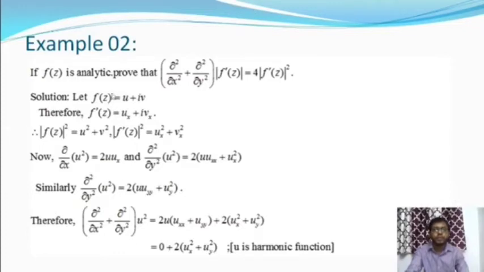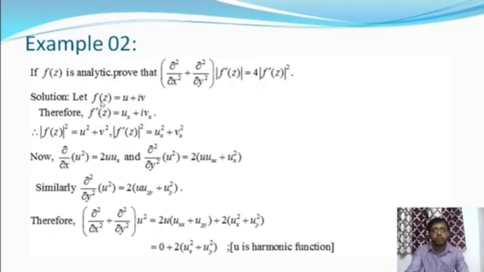So the first derivative of this function is f dash z. So f dash z is equal to, with respect to x, we'll get ux plus i into vx. So ux is the partial differentiation with respect to x, and vx is also the partial differentiation with respect to x. So from this we'll get the modulus value of f dash z as well as f of z.